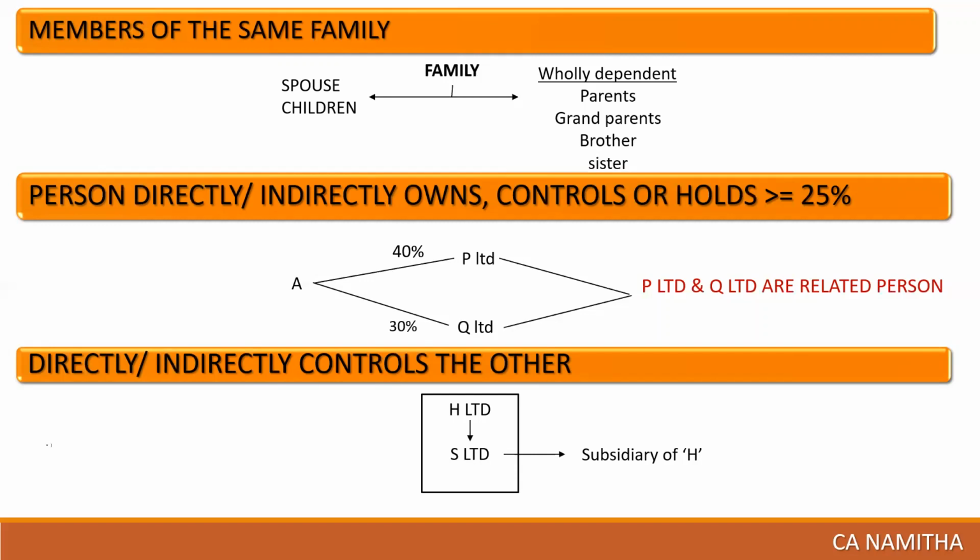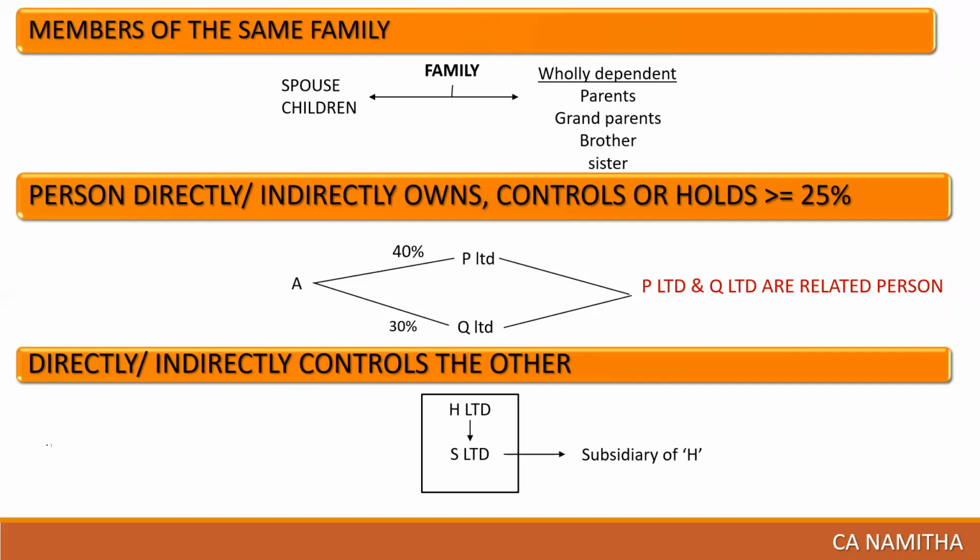Moving on to the next category, that is any person who directly or indirectly owns, controls, or holds 25% or more of the outstanding voting stock or shares or both. Now, let me consider an example.